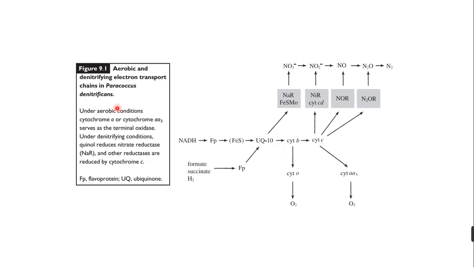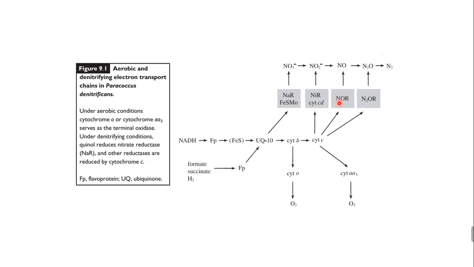So here are the aerobic and denitrifying electron transport chains in Paracoccus denitrificans. The denitrifier works in the electron transport chain in the presence of oxygen. These are all the byproducts in the absence of oxygen: nitrate, nitrite, nitric oxide, and ultimately nitrogen.